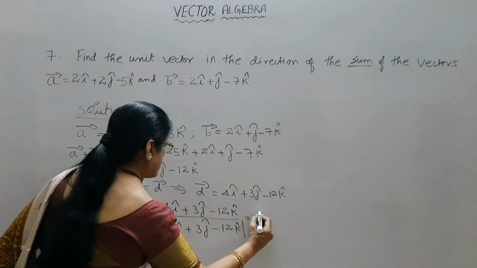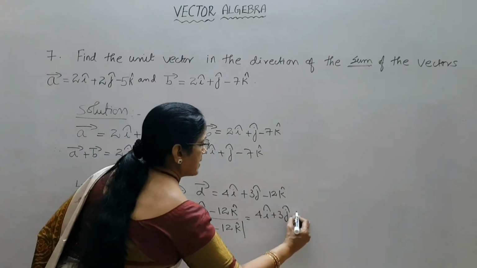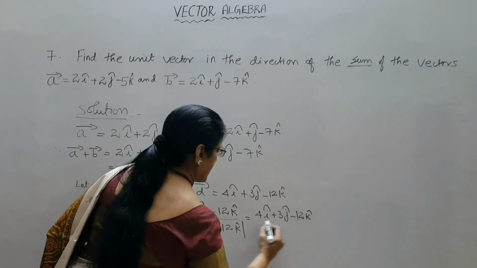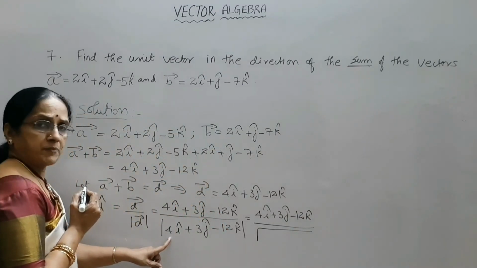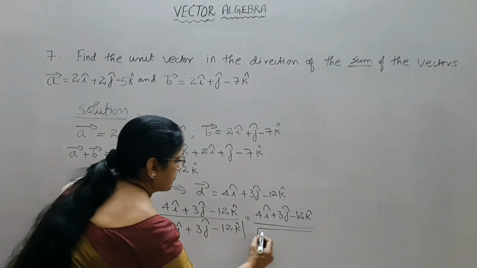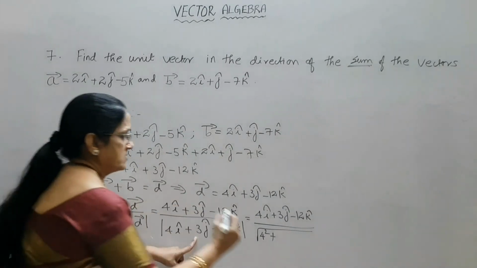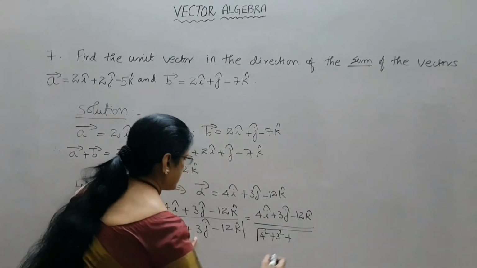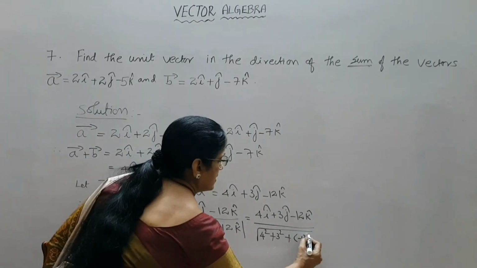I will be getting 4i cap plus 3j cap minus 12k cap by square root of coefficient of i cap here is 4, so 4 squared, plus coefficient of j cap is 3, so 3 squared, plus coefficient of k cap is minus 12, so minus 12 the whole square.